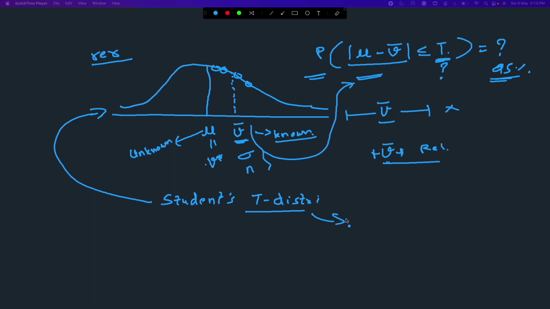These are subtle differences. I'll put a link in the description on what the student t distribution is, if you are interested in learning about it, because it's a very useful tool as well. It is typically used to compare two different distributions and whether they are statistically different or not, but you can use it in this way also.